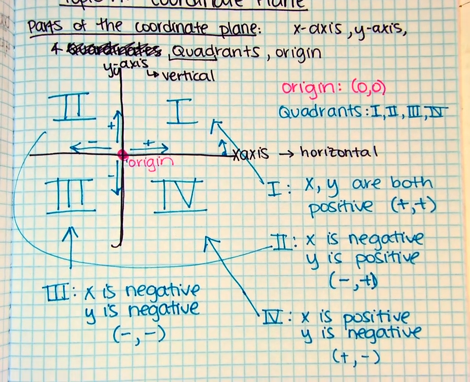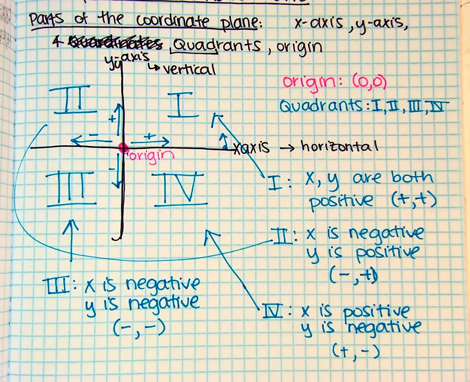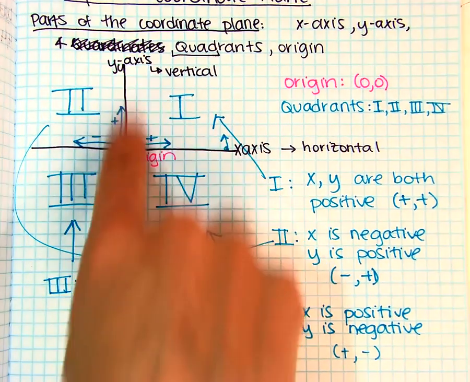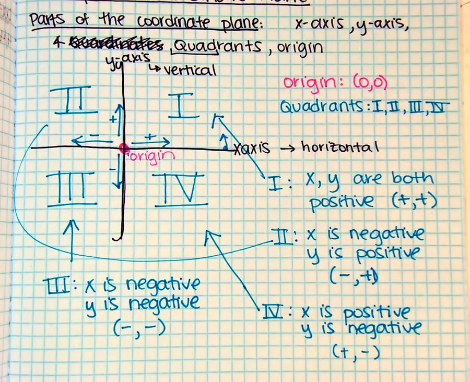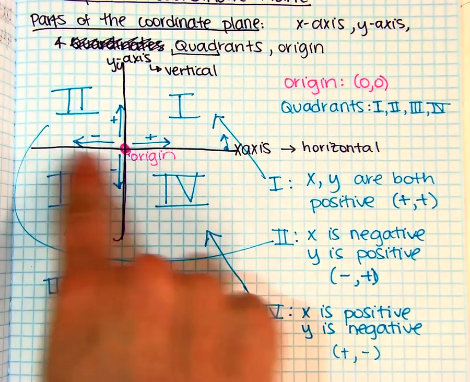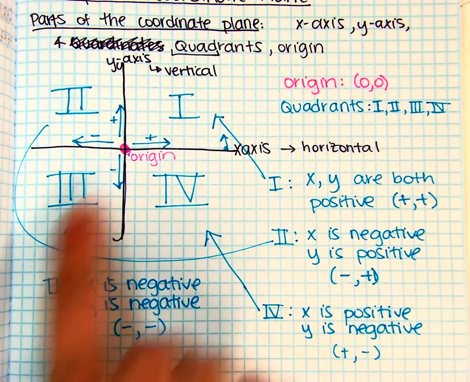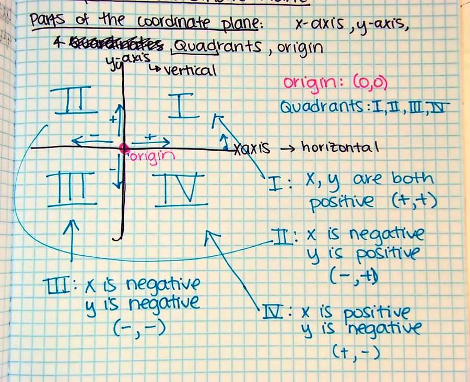So sometimes a point will actually be on the y-axis or on the x-axis. If it's on the axis, either y or x, or the origin, it's said to not be in one of the quadrants, but on the axis. So we're going to look at a couple examples.